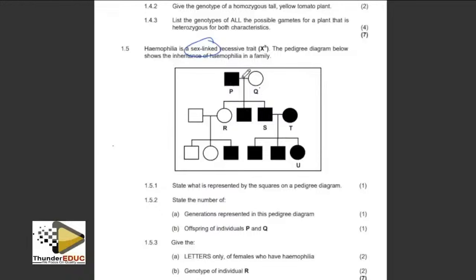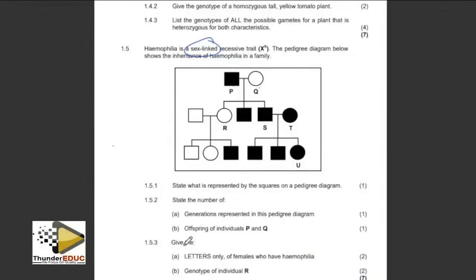We have said that the circle means a female. State the number of generations. We have talked about them. There are 3 generations. Offspring P and Q. State the number of offspring. The same thing. This one and this one only got married into the family, so they are intruders.